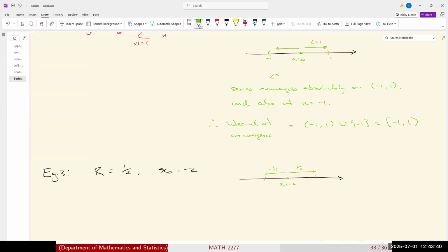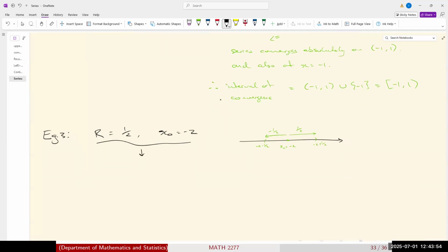Okay. So this is -2 plus 1/2. This is -2 minus 1/2. Right? So therefore, from this I get the interval from -2 minus 1/2 to -2 plus 1/2.